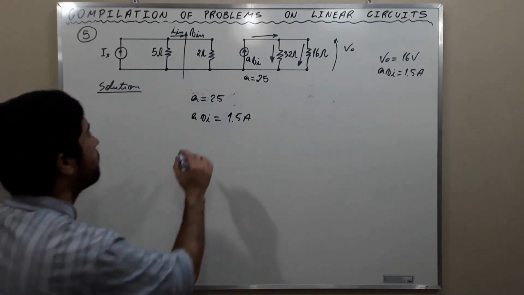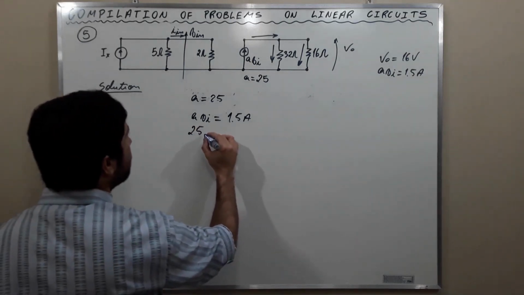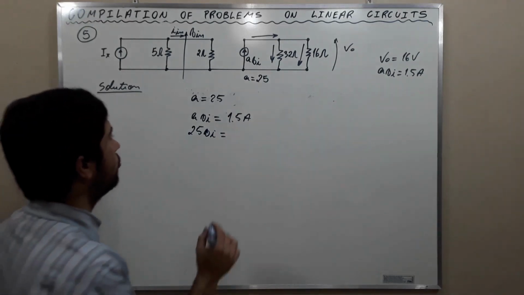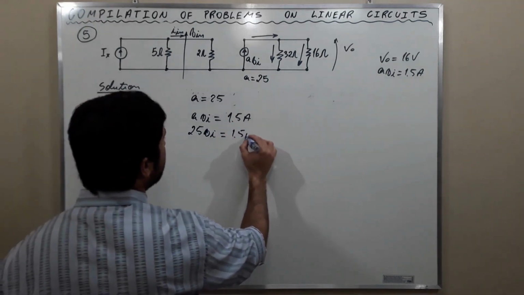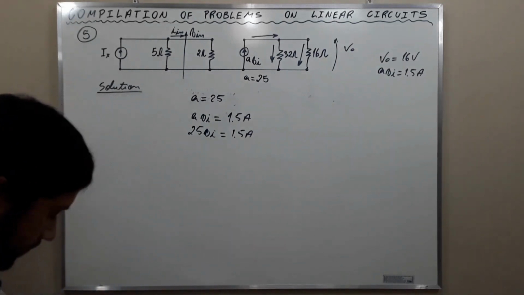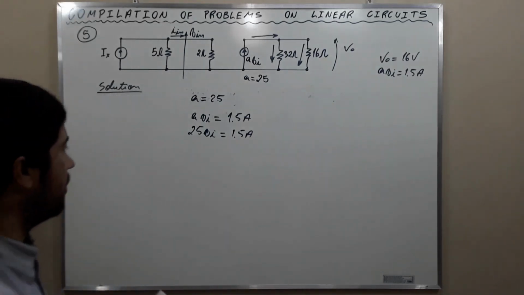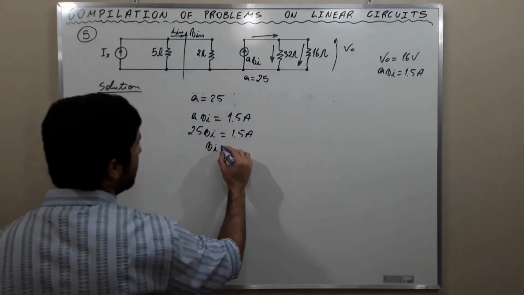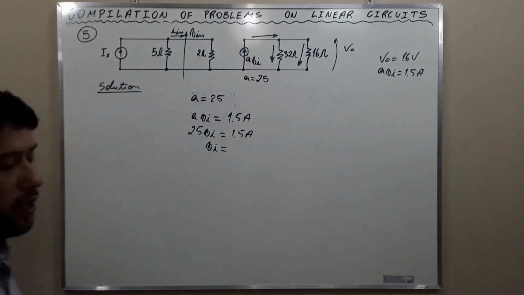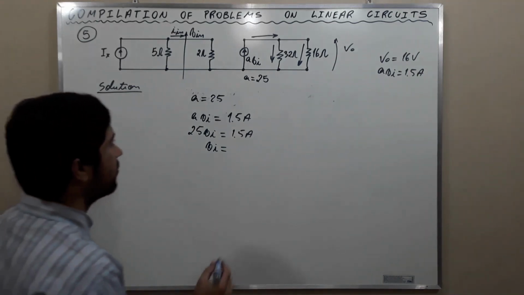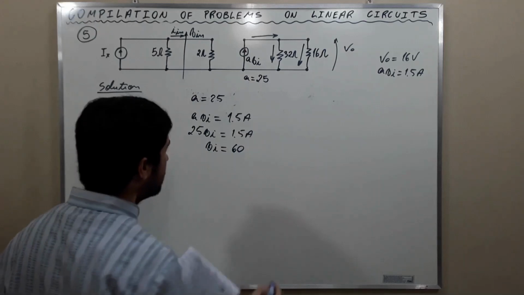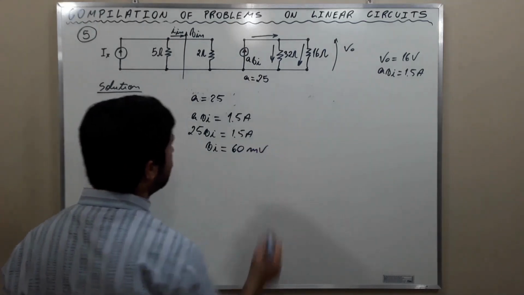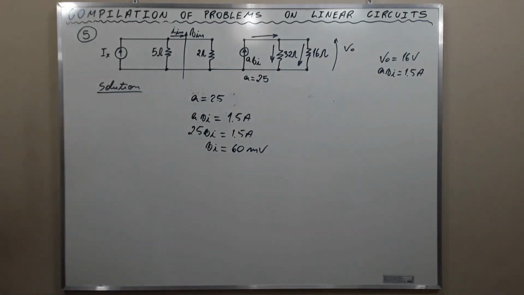That is, 25 VI is equal to 1.5 amps. Dividing 1.5 by 25, we find that the value of the input voltage is 60 millivolts.